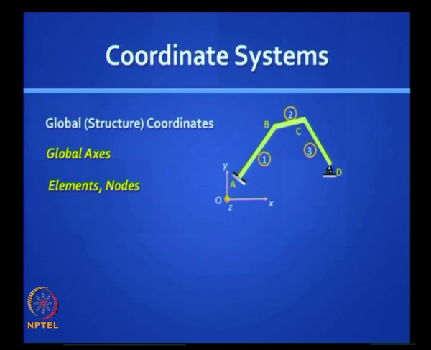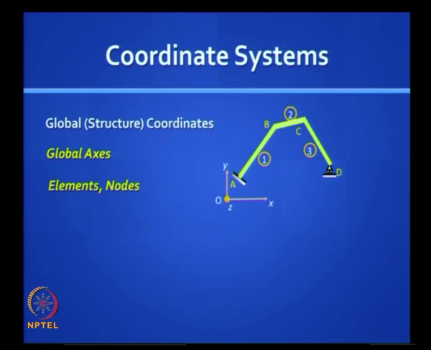What's the next thing I need to do? By the way, there is something more to it. To define the element, you also have to define the orientation of the element. What is the start of the element? What's the start node and what's the end node? So you have a choice there.